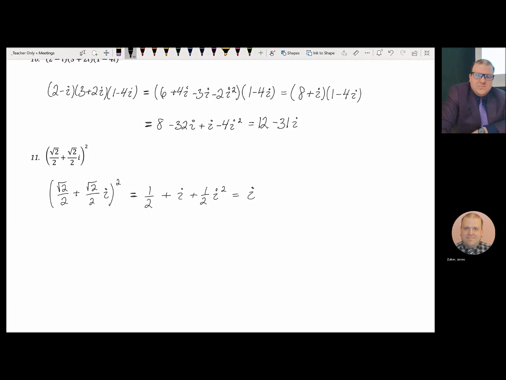Half plus i. Twice the product of the terms. Right, so root 2 over 2 times root 2 over 2 i is a half i, isn't it? Double it.